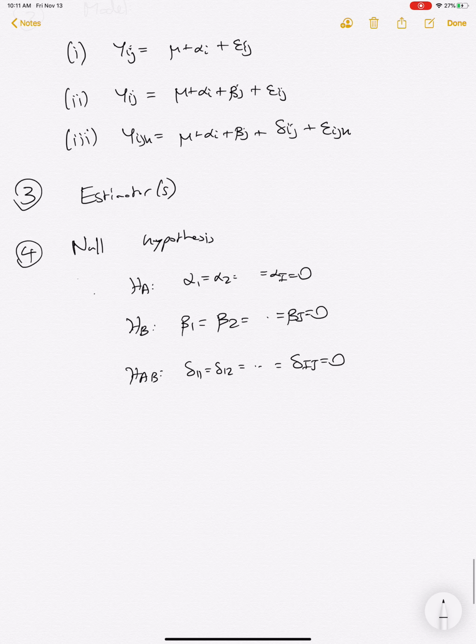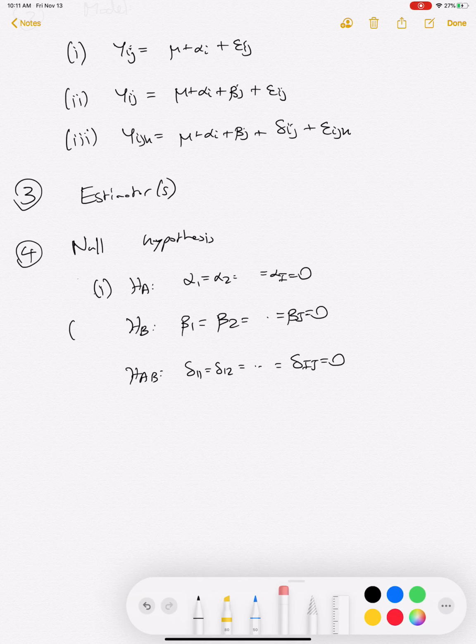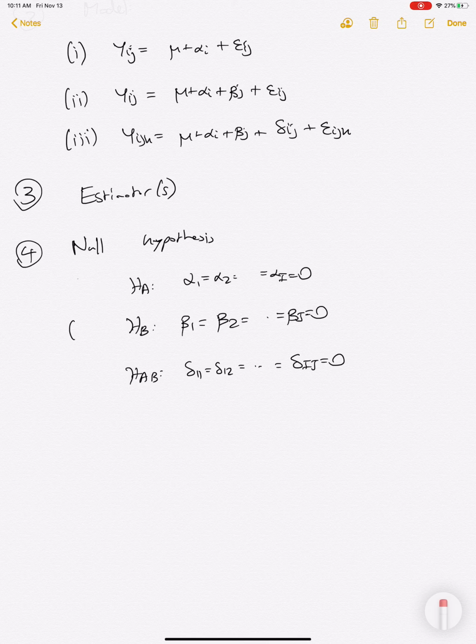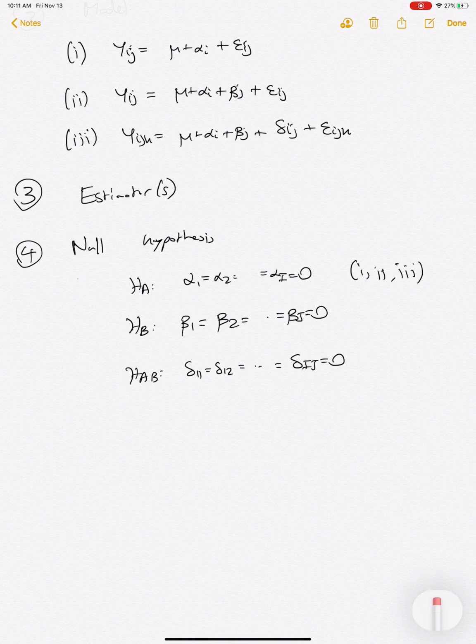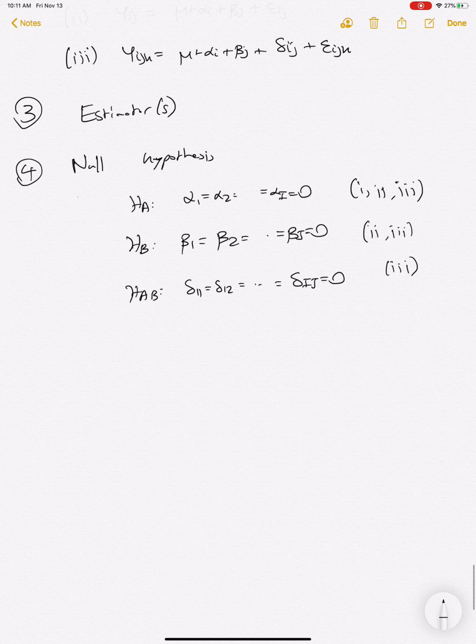The first one, the A hypothesis, corresponds to 1, 2, and 3. The second one corresponds to 2 and 3. And the third one just corresponds to 3. We're testing the interaction effects.